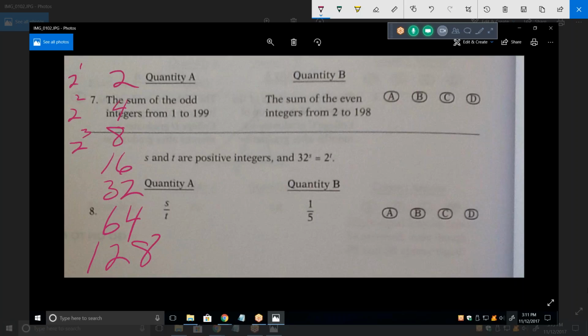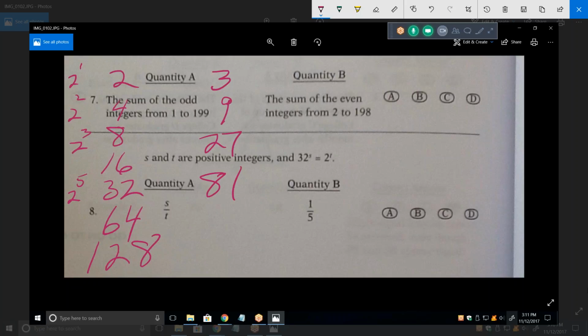But yeah, it's worth knowing them at least up to 64. In other words, knowing 2 to the 5th, I would say you want to know up to that. Now, powers of 3, not as important. You don't have to memorize them as deep, but they go 3, 9, 27, 81.